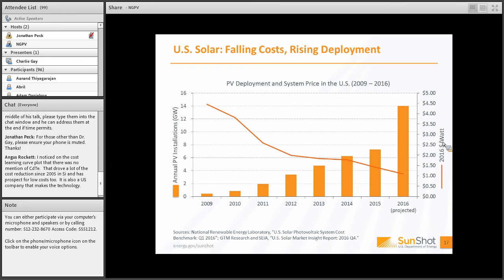That usually involves a module that's around 40 cents a watt, and 60 cents is the remainder of the costs associated with that project. This year, we have projected that there'll be about 14 gigawatts of solar installed here in the U.S. Next slide, please.